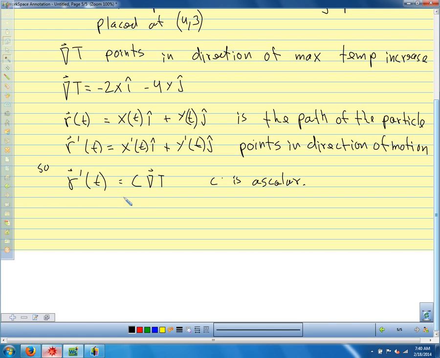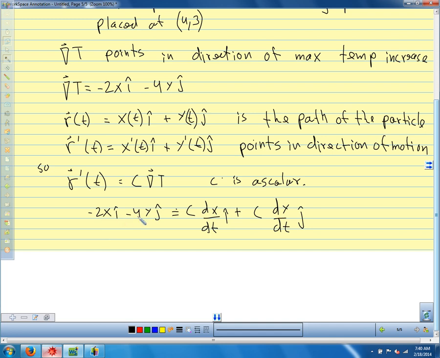This equation is going to let us find our path. So we can say minus 2x i minus 4y j equals, and I'm going to put my scalar multiple on the other side of the equation, so equals c times dx/dt i plus c times dy/dt j.